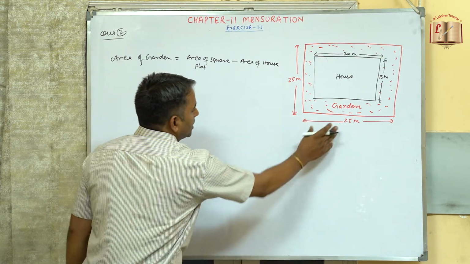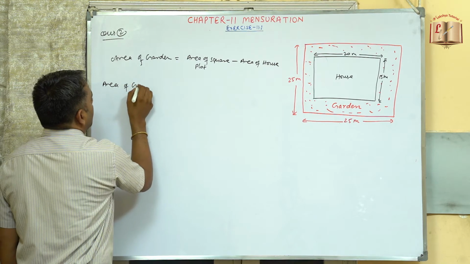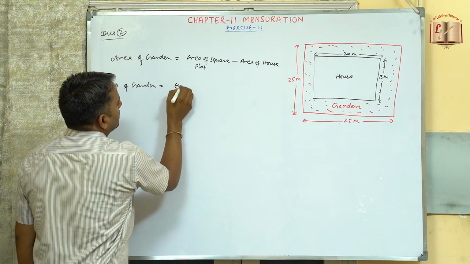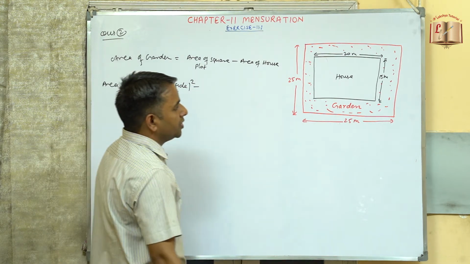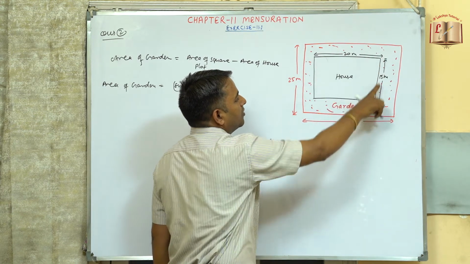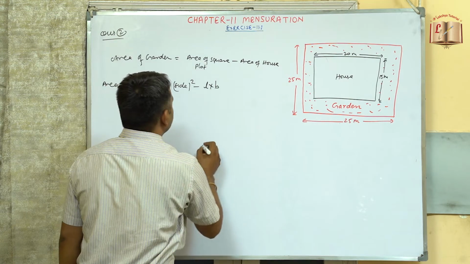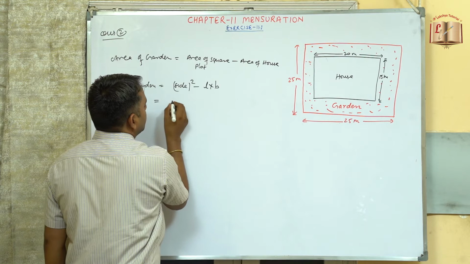Now see that we can find out this area. So area of the square we know, this is the side square minus area of the house. So area of the house is in the form of the rectangle. So this is now length into width. So we can calculate side area of the square. This is side is already given.